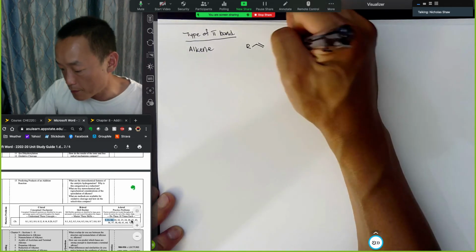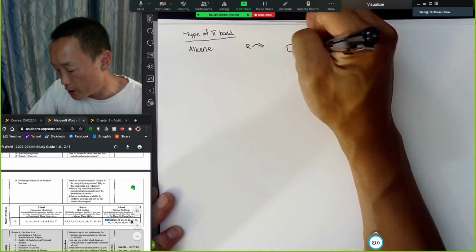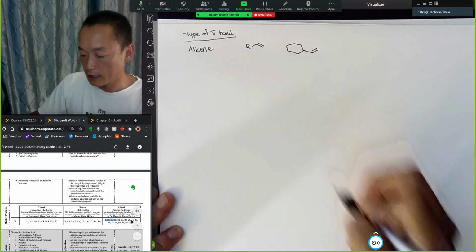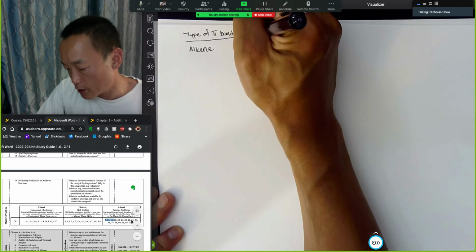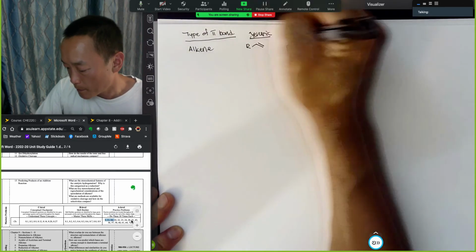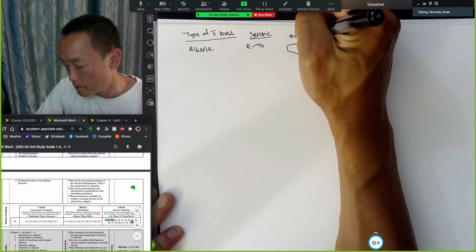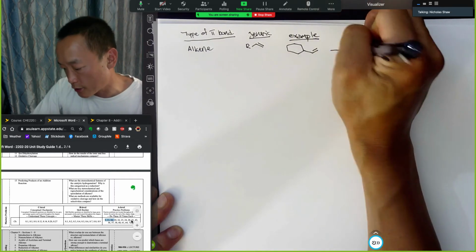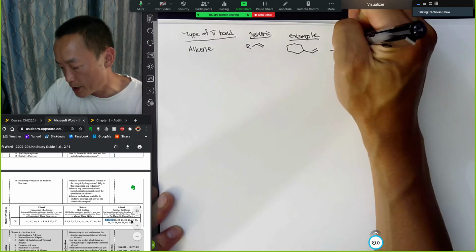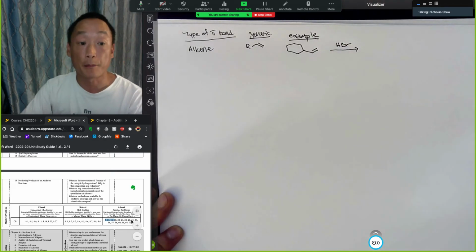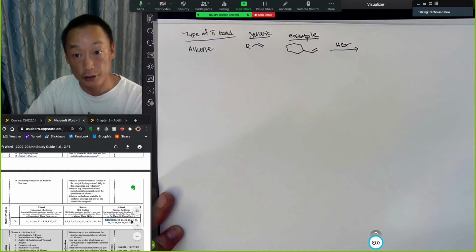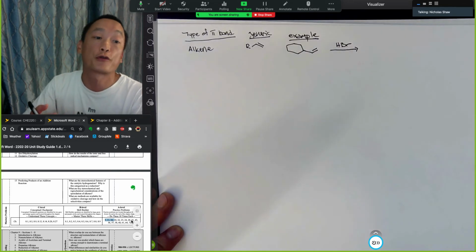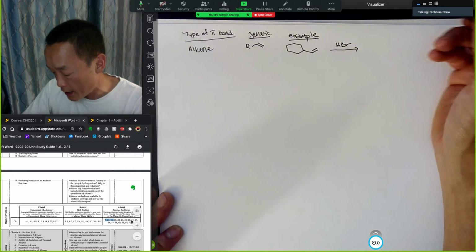And perhaps a good example of this would be this alkene. So I'll write generic, an example. And then ask, how does this react with HBr? What type of products would be formed from the addition of this HBr? And then we're going to go through every other variant that we have right now.